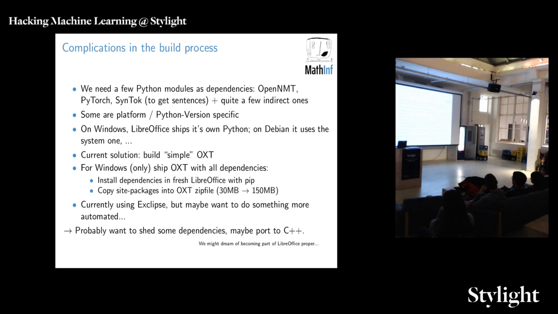Yeah, and my dream is to maybe at some point make this part of LibreOffice proper. And for that, I would probably want to shed some dependencies and also port to C++. And obviously, with the CTranslate thing OpenNMT provides, that's probably a lot less work than it would have been half a year ago when I started this.